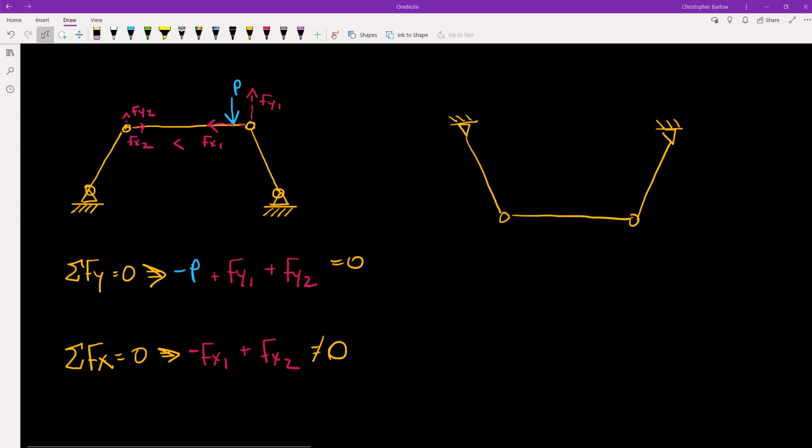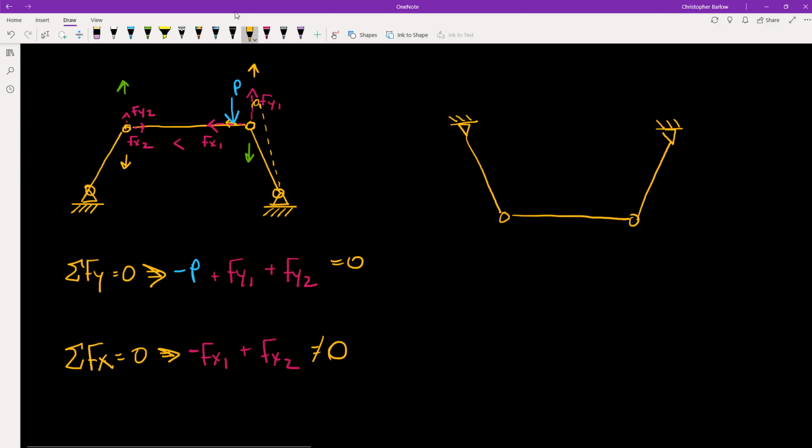Either this joint on the right here moves up, and conversely, the one on the left moves down, or vice versa, where this joint on the right moves down and the other moves up. If this joint here on the right, closer to the applied load, were to move up, then this member on the right would become more vertical, and therefore its horizontal component would decrease.